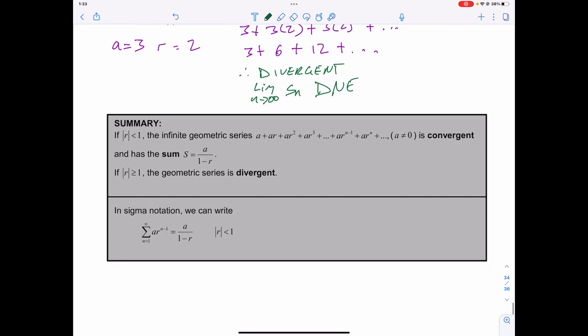To summarize all this, the absolute value of r has to be less than 1 to have a convergent series. If it meets that requirement, then we can solve what the infinite sum is by putting in a over 1 minus r, or term 1 divided by 1 minus the common ratio.